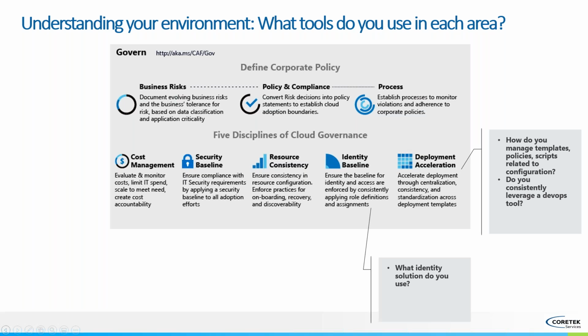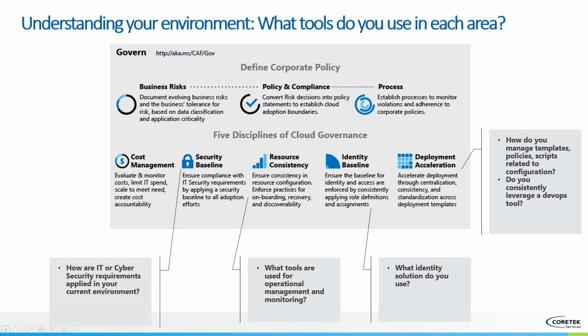How do you identify what type of identity do you want to use? How do you want to authenticate to your applications? What tools are available for monitoring and overall management and ensuring that you have consistent delivery methods? What's your security plan and how are you managing that? And then cost, how do you track your cost management?